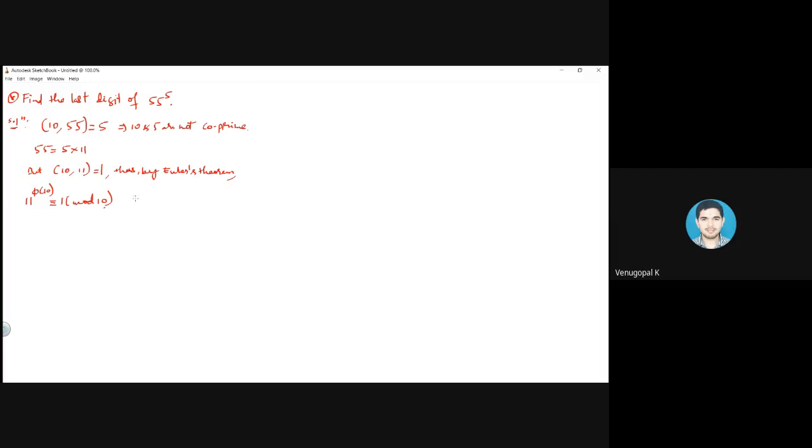We know phi of 10, how do we find that? For 10 we have the prime factorization 2 power 1 into 5 power 1, so we get n into (1 minus 1 by p1) into (1 minus 1 by p2), that is 10 into (1 minus 1 by 2) into (1 minus 1 by 5). This turns out to be 10 into 1 by 2 into 4 by 5, so this number turns out to be 4.